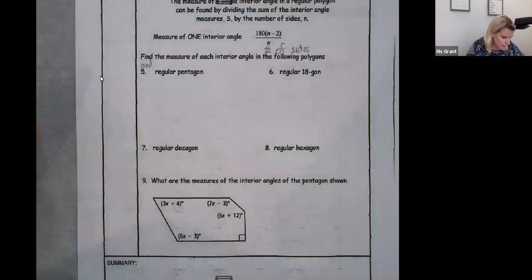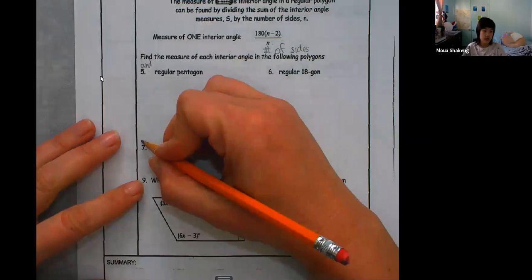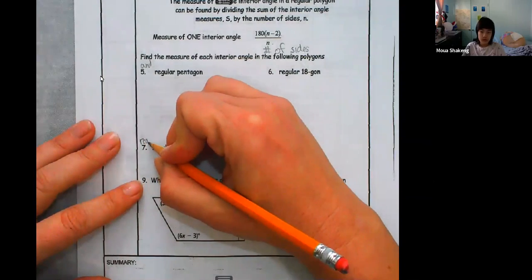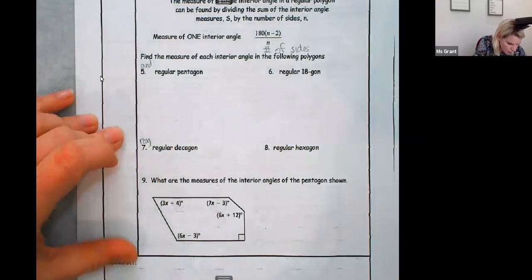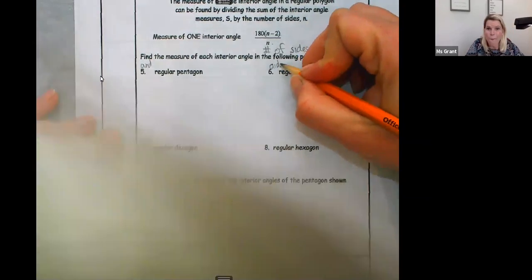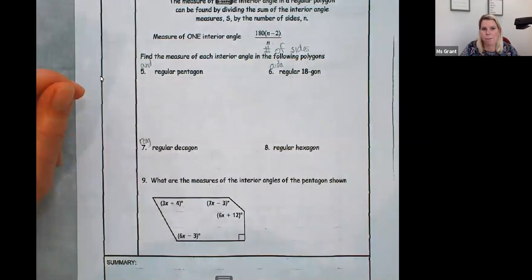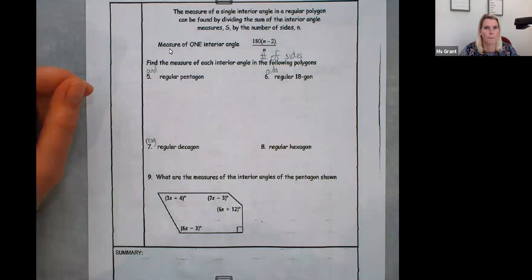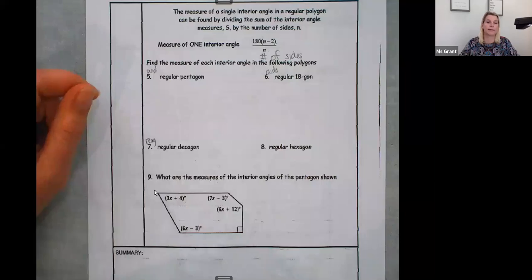Yeah. What's your name? Reagan. Good president. Aiden, you can do number 6. Number 8. Just volunteer. Okay. We'll get there when we get there.